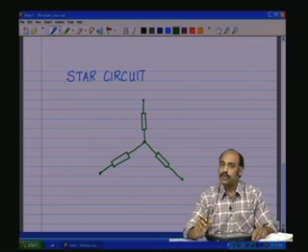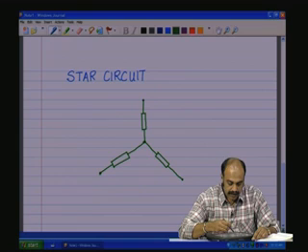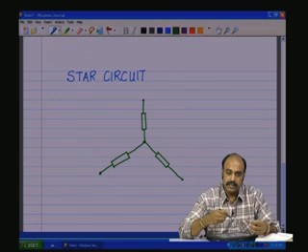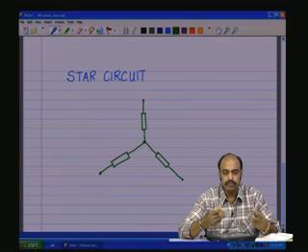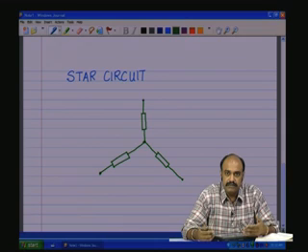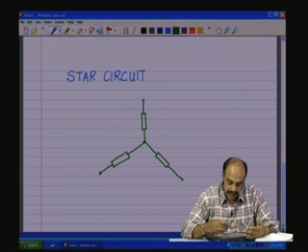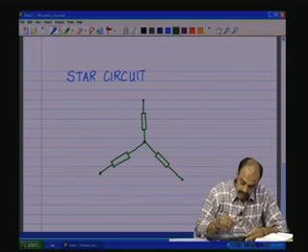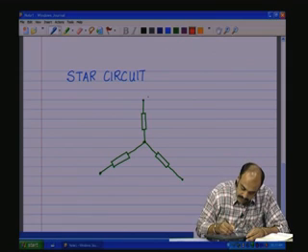So, these were the 2 conditions that we applied, and this picture here is actually the circuit, but the circuit is superposed on an underlying phasor diagram to give you clarity on the voltage relationships between the 2.